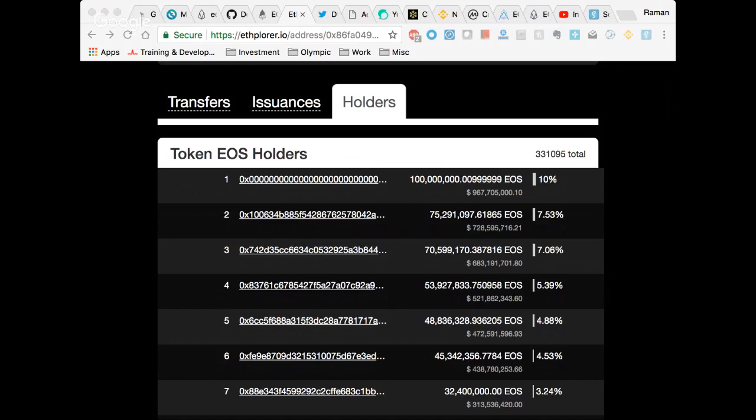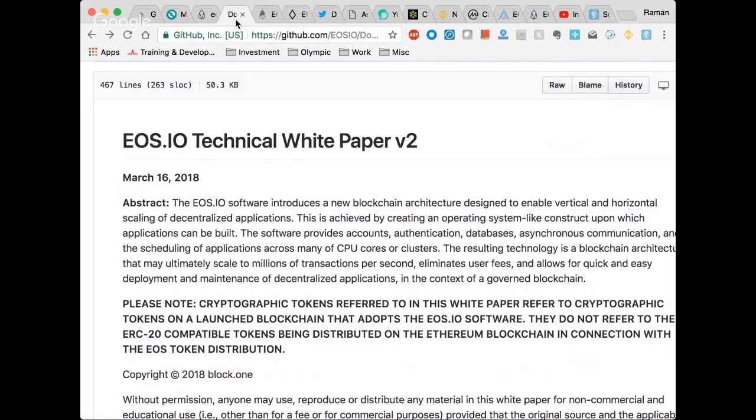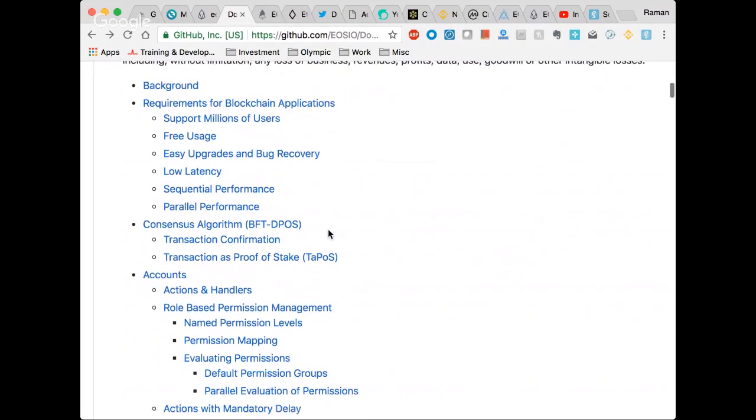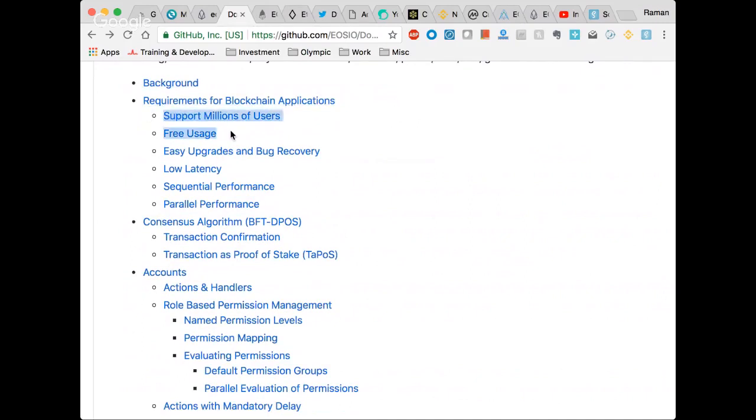And we believe that if EOS fulfills its potential, let's go and have a look at the EOS white paper. You need to understand that EOS is going to be the only blockchain which can scale up to millions of users. The biggest feature of this is free usage. Right now, every time we send a transaction on Ethereum, we have to pay the gas.